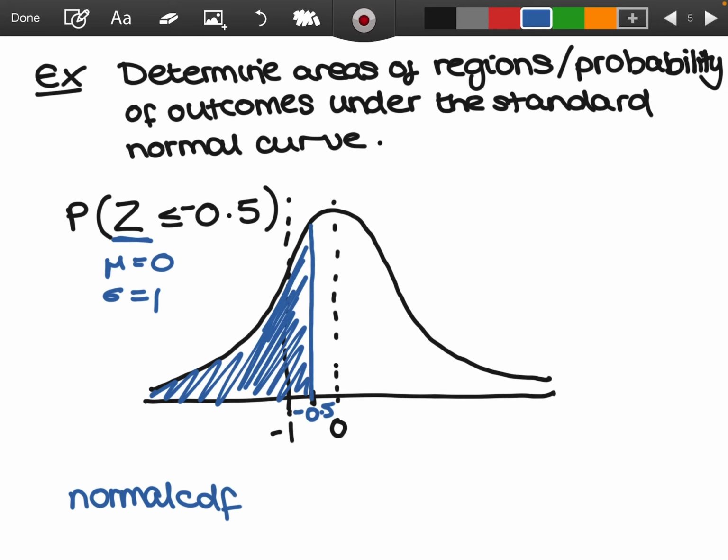So you can do something like -1 million, -10 million, whatever you want to do. And then you've got an upper limit of -0.5. Now we're looking at standard normal distribution, so I've got a mean of 0 and a standard deviation of 1. And then I want you to hit enter, and it should solve it for you.